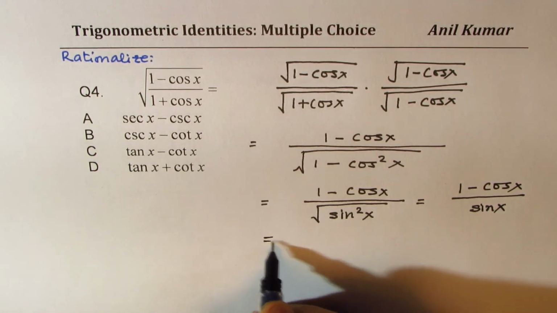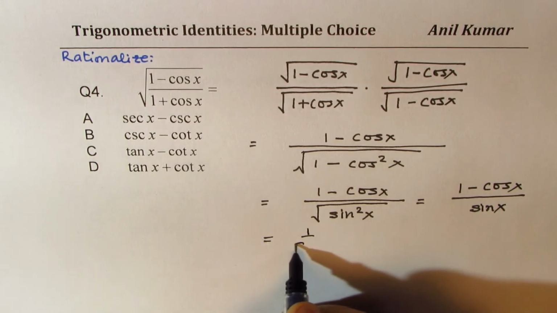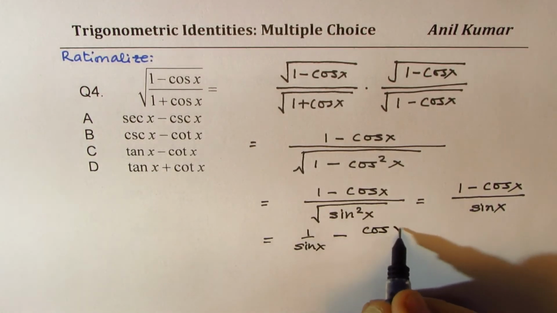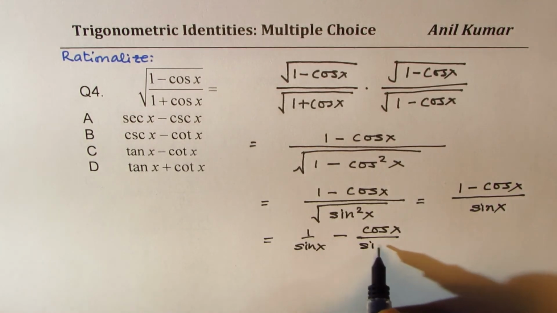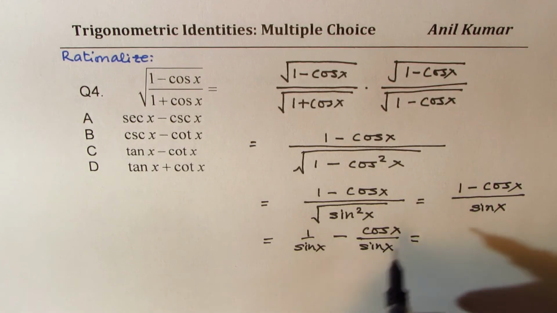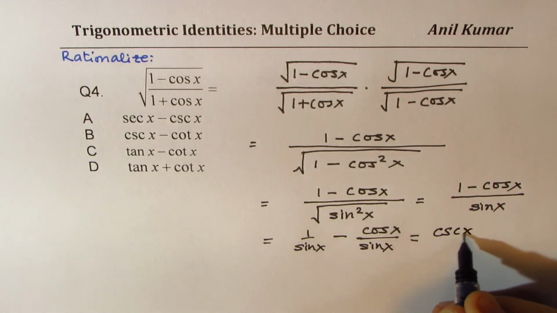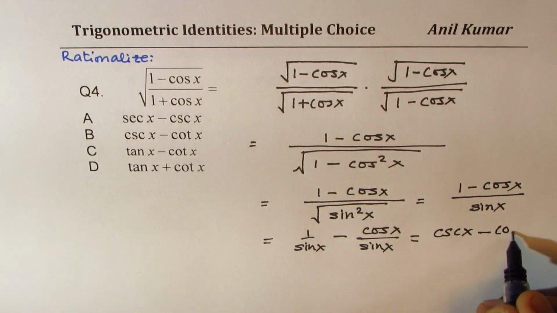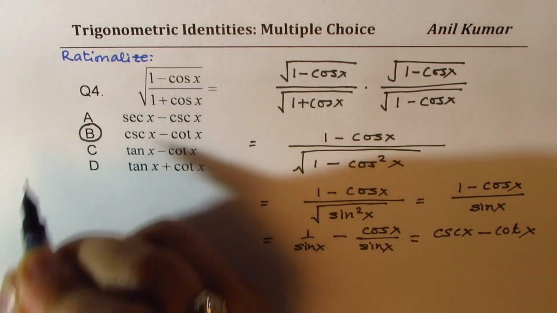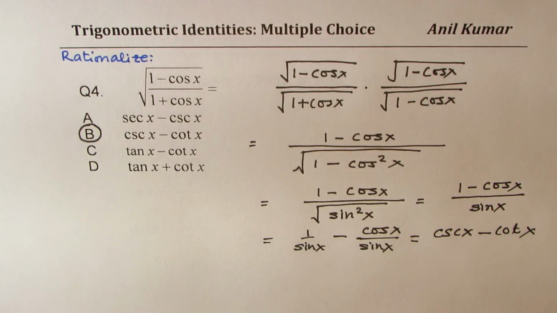So this is equal to 1 over sine x minus cos x over sine x. Now the reciprocal of sine x is cosecant x. So you get cosecant x minus cotangent x, which is option B for us, correct? So that is how you're going to find the solution of this particular expression, right? So you get the equivalent expression as shown here.